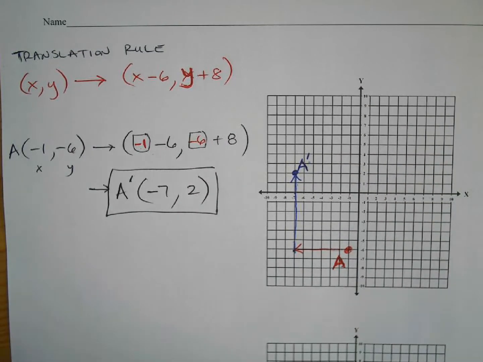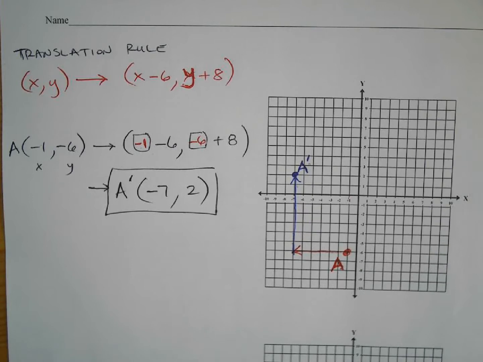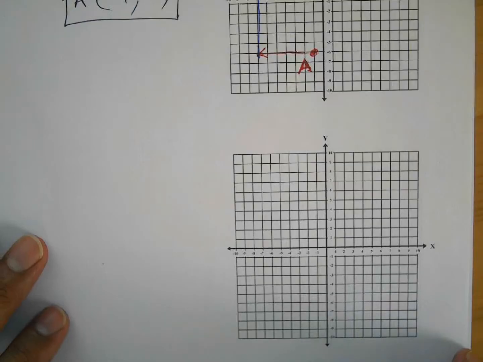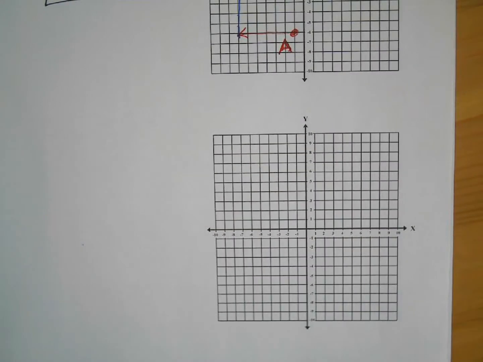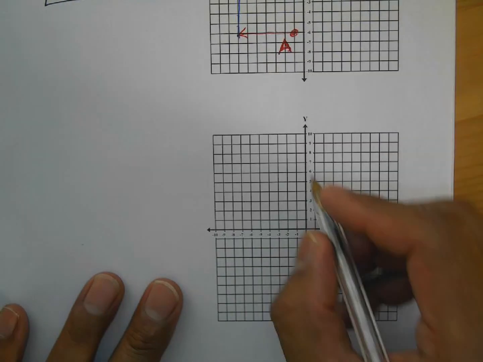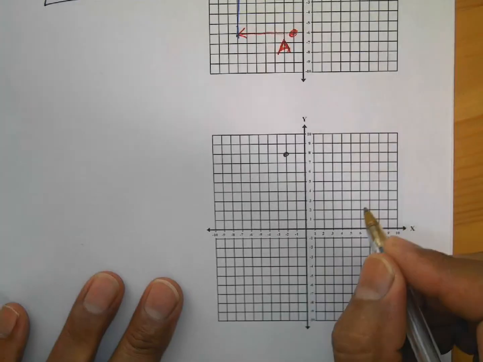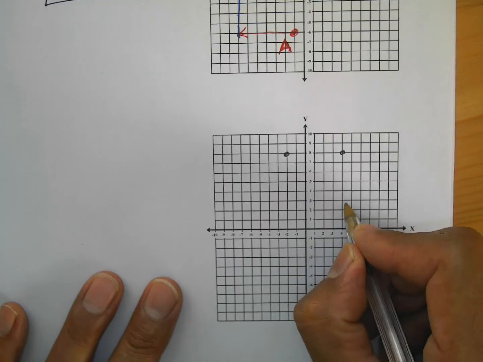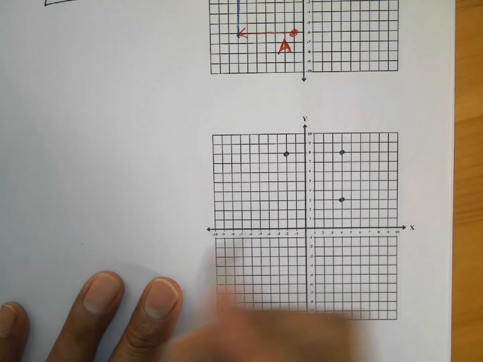Okay, now we're going to go backwards. What they're going to do now is they're just going to give you a point, or sometimes they'll give you a shape. So let me make a shape. Let's say this is the shape. I'll make a triangle.